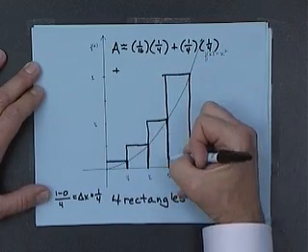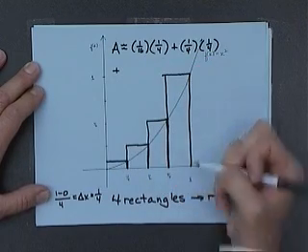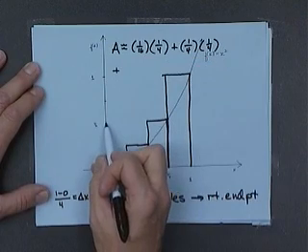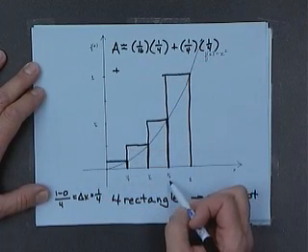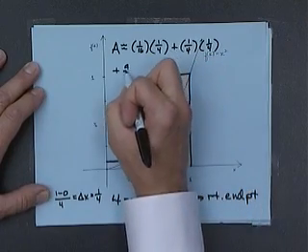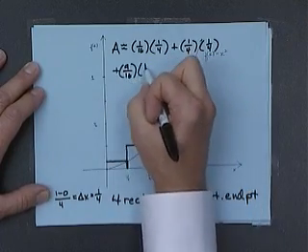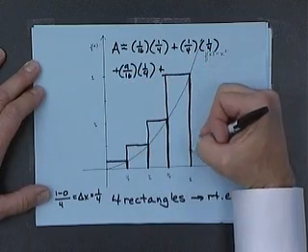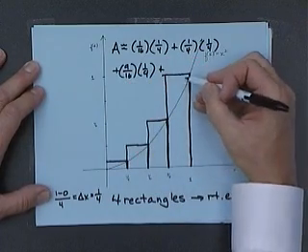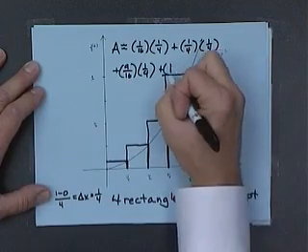Now we want this distance. It looks like it's 1/2. It's actually a little larger than that. It's 3/4 squared, which is 9/16. And the last one is 1 unit tall and 1/4 of a unit wide.